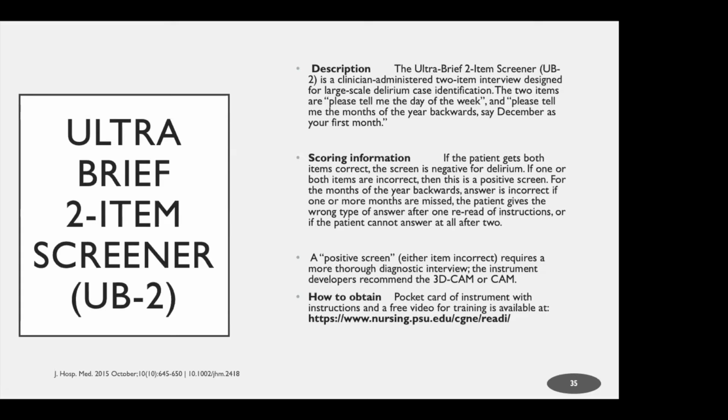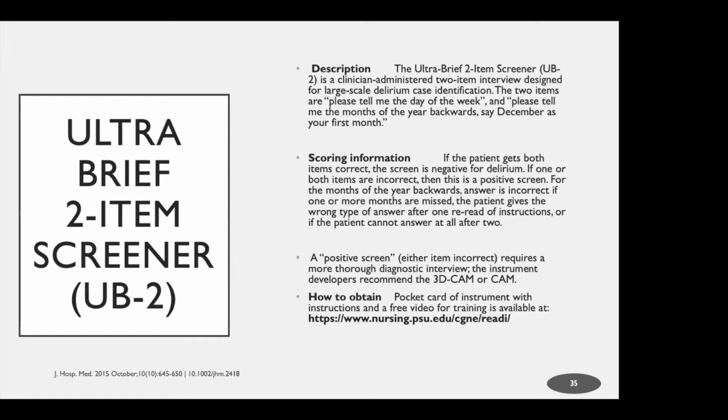If the person gets both items correct, the screen is negative for delirium. If one or both items are incorrect, this is a positive screen for delirium. For the months of the year backwards, the answer is incorrect if one or more of the months are missed. So even if you miss one, it is incorrect. That means it is positive for delirium.